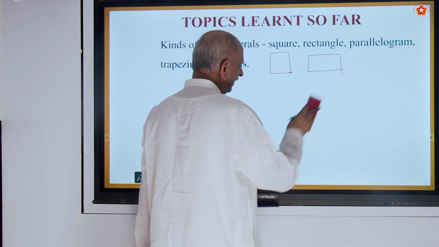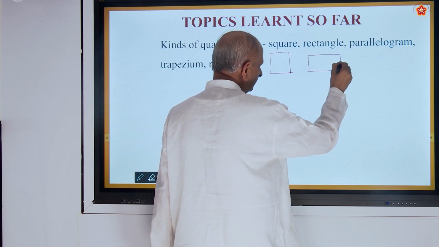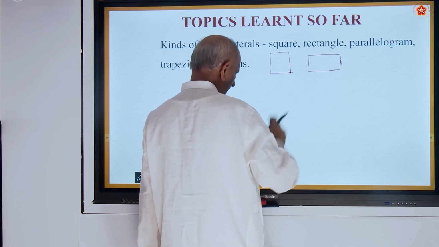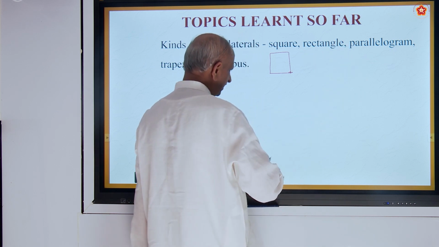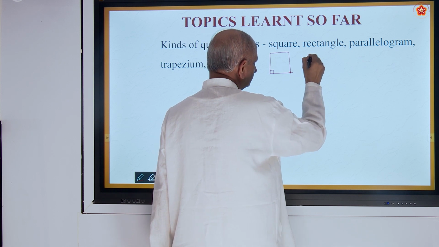And in case of parallelogram, opposite sides are equal and the 2 diagonals bisect each other. Correct?